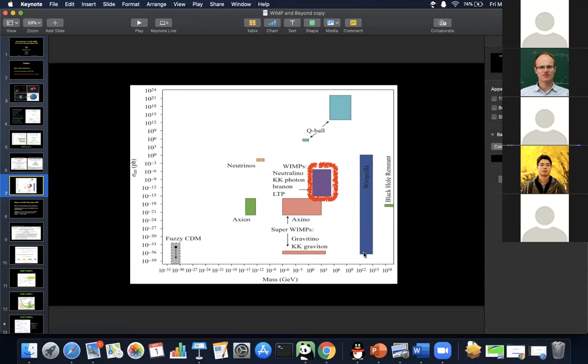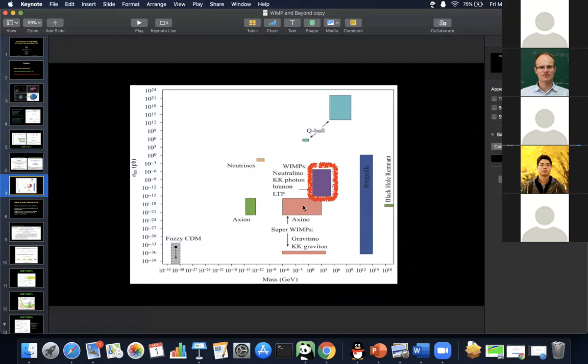For the heavy one, we have the WIMPzilla dark matter. The cross sections of dark matter can range from 10 to the minus 39 to 10 to the minus 40. This is a very broad range, and this leads to the difficulty in discovering the dark matter.